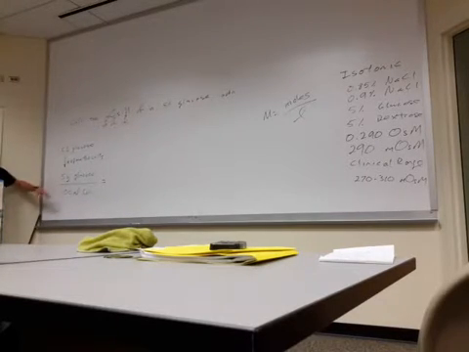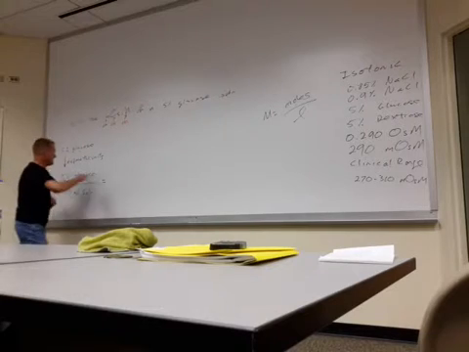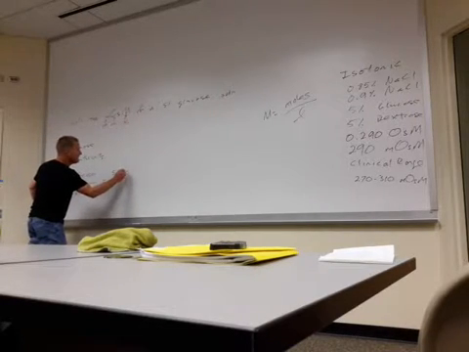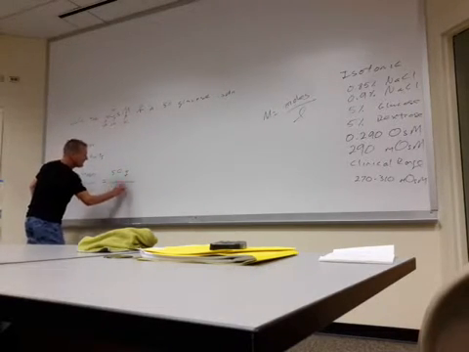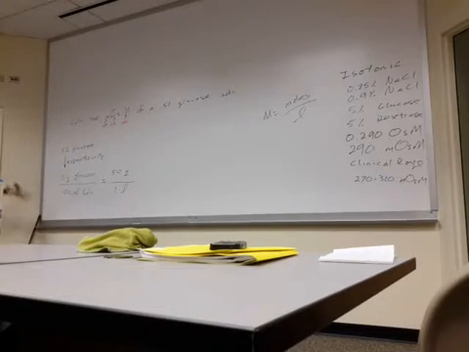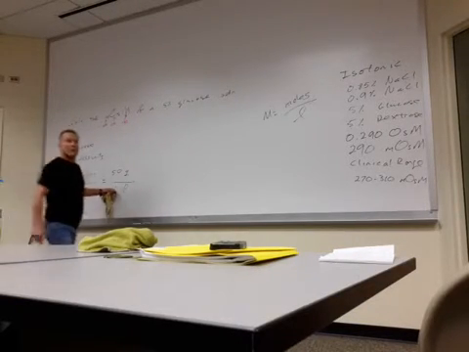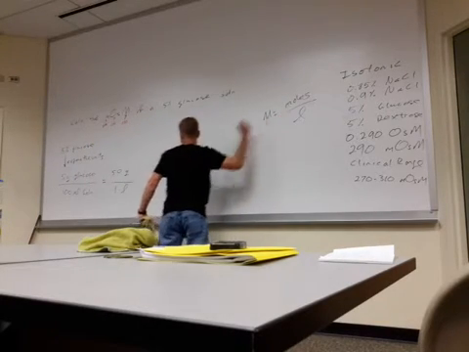I generally fix the bottom first, so I'm going to change this to 50 grams over 1 liter. In other words, I multiplied 100 by 10 to change it to a liter, so I have to multiply the top by 10, so now I've got 50 grams over a liter. So my bottom's where I want it in terms of molarity.